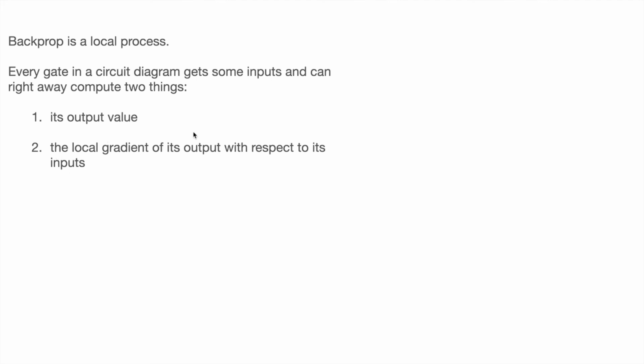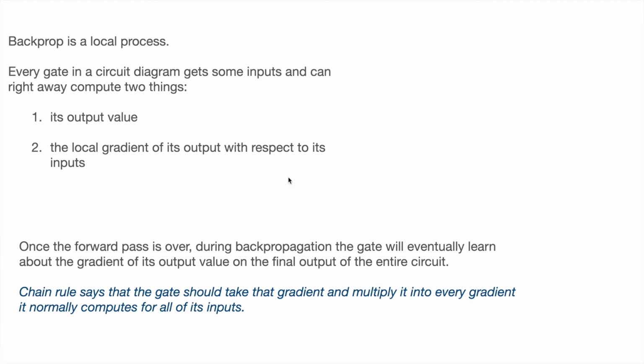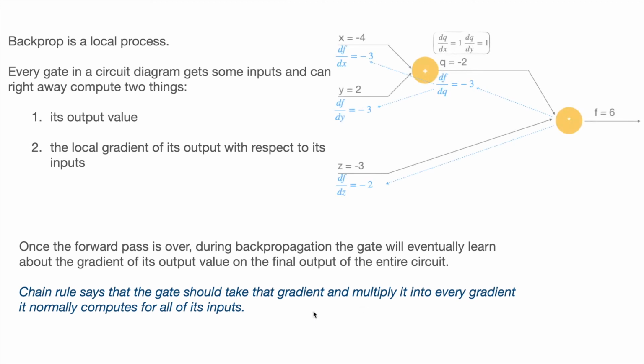Plus it can also calculate the local gradient without even knowing what's going to happen in the next step. And once the forward pass is over, during the back propagation, the gate will eventually learn about the gradient of its output value and then of the entire circuit. And we use the chain rule so that we can get the gradient for all the inputs.